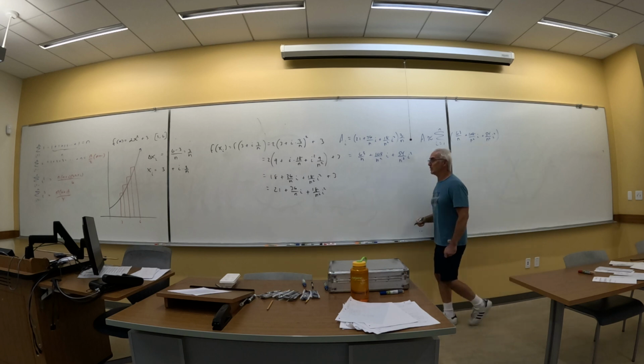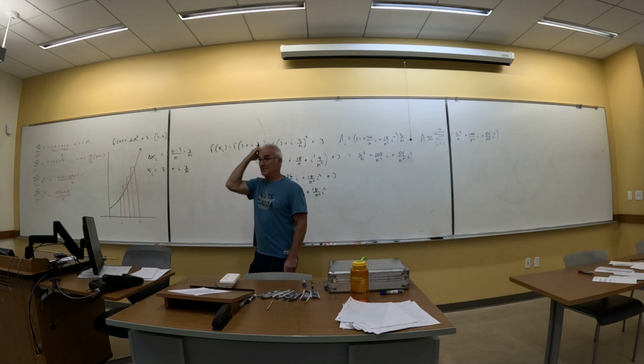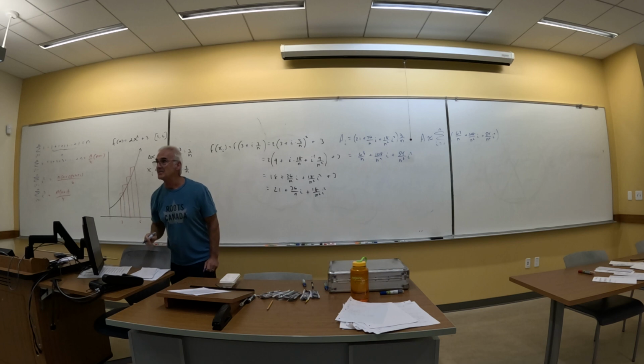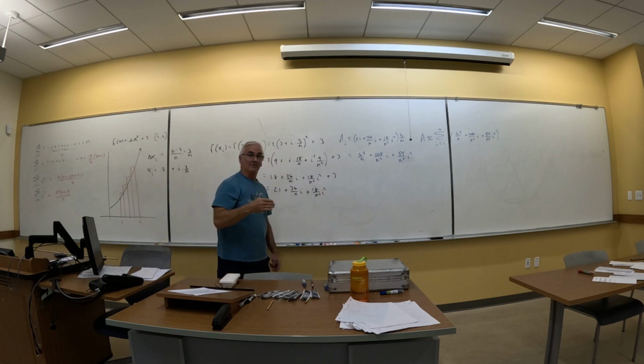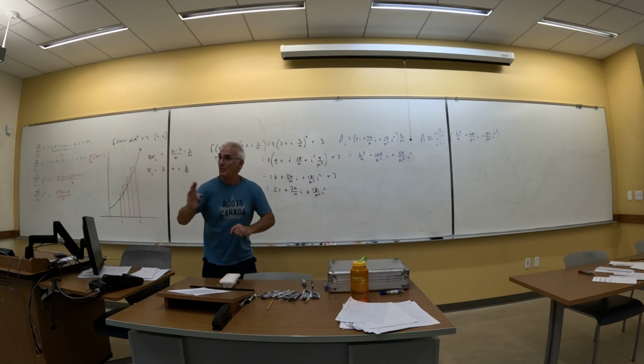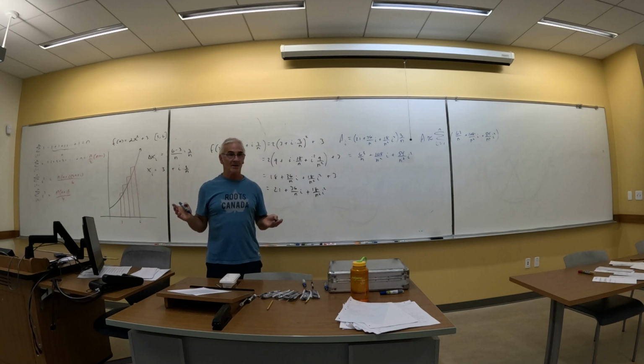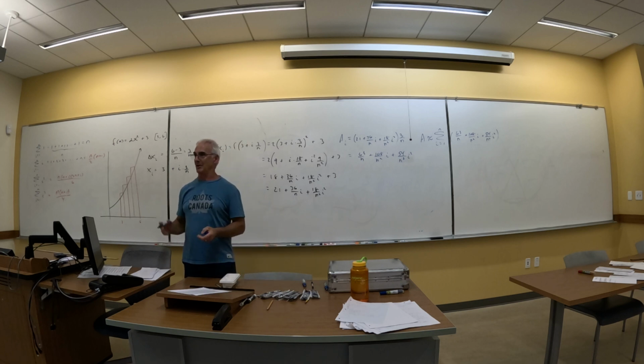Now, in this problem, n is a constant. n is the number of partitions. i is not constant. i is my index. It's my counter. i is going from 0 to n, right? So i is going the whole gamut here. But n is a constant. You have 100 rectangles, let's say. That's my n.